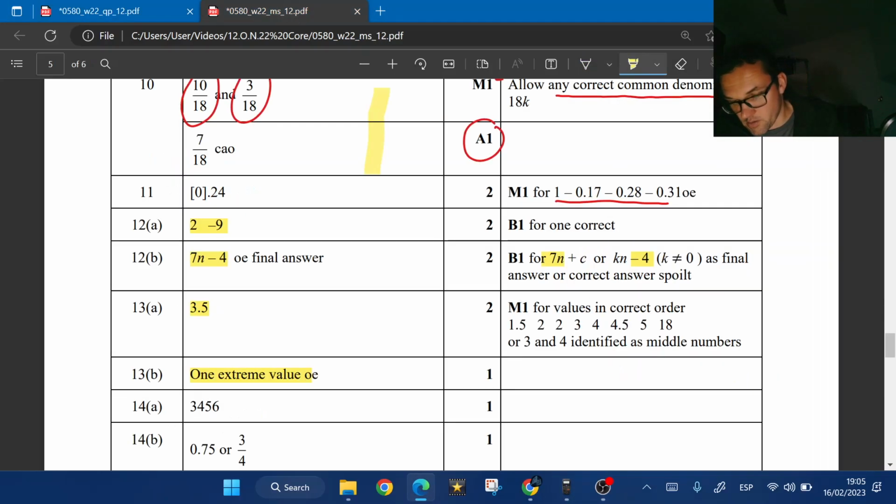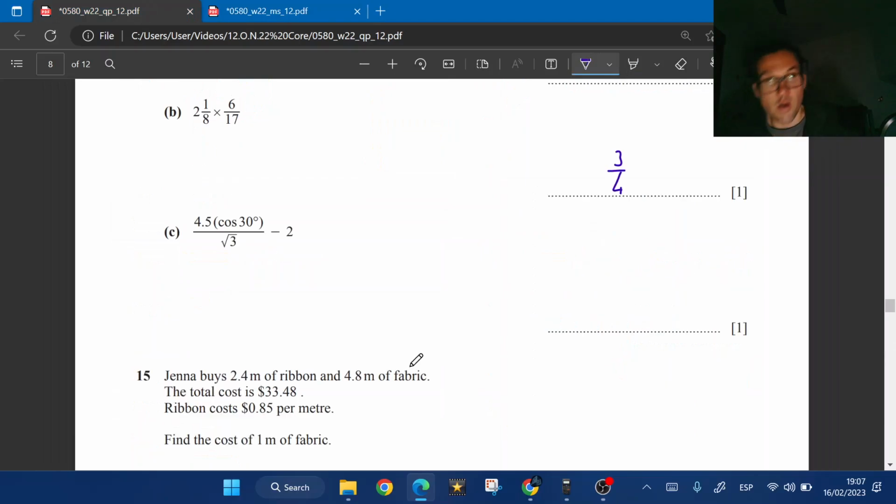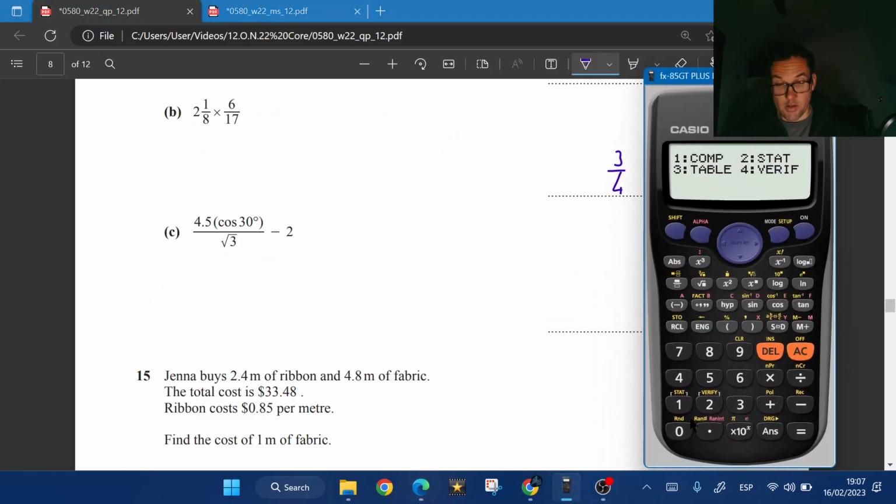Check if we got those two right. 3, 4, 5, 6. 3/4, you can also write it as a decimal. Question 14c, let's continue there with the calculator. This one, fraction.